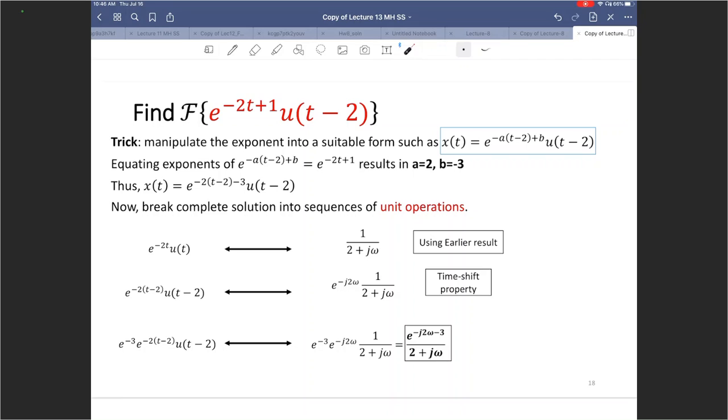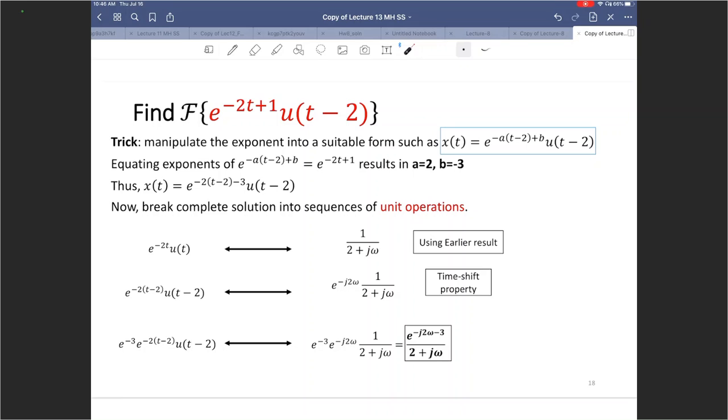So the question over here is, find the Fourier transform of a signal e to the minus 2t plus 1, where negative 2t plus 1 is all of that in the exponent, times the unit step delayed by 2 seconds, 2 time units. Now, there is a simple trick over here that is very helpful. The trick is to manipulate the exponent into a suitable form, because I want the exponent to be of the form t minus 2.